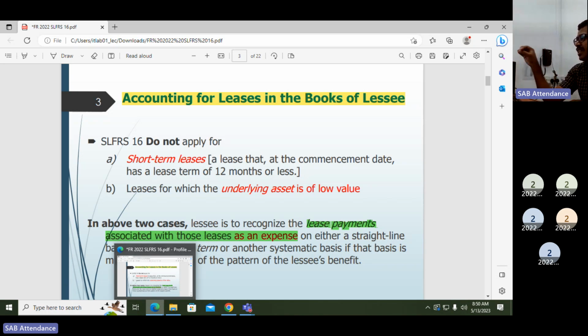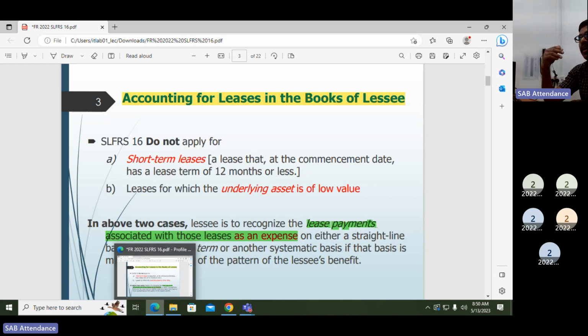Except those two cases, the other types of leases are covered by this particular standard, SLFRS 16. So we need to follow the accounting treatment of this standard, right? You enter into a lease for a building for the use of 5 years, or 3 years.